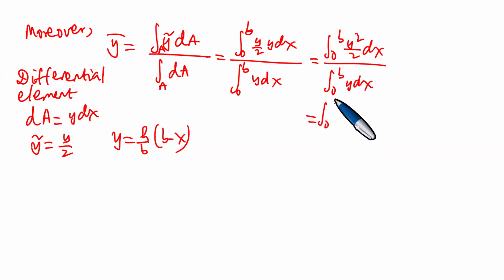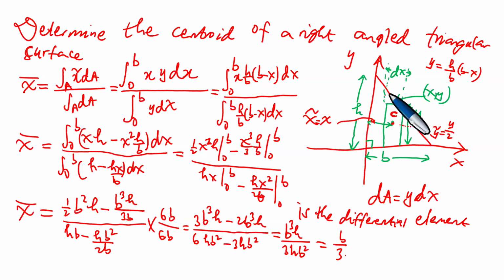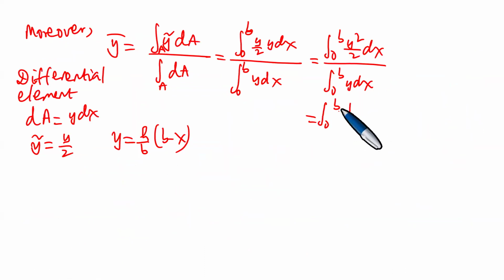And then what is the y? You'd have 1/2 the y, which is the equation of this particular side of the triangle, which is h over b times b minus x in brackets. So this one is going to be exactly h over b, b minus x, and then you square this, and then you have dx.